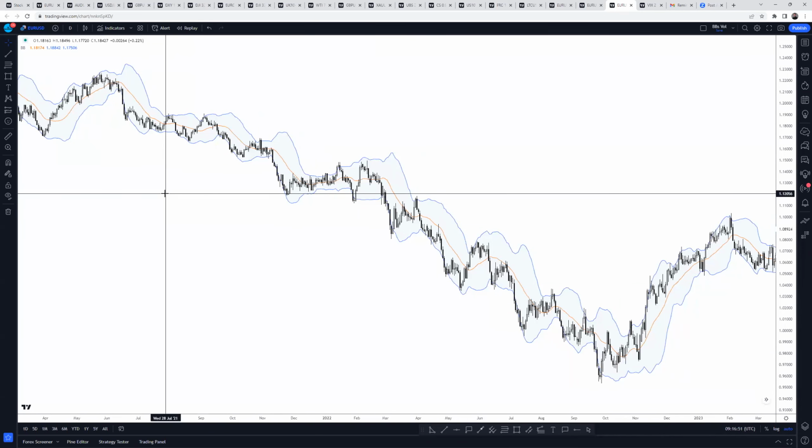As you can see here, a long, I'm not going to say it wouldn't have worked out. It depends on how you enter the market, because you could have drilled down to the lower timeframes at this point and taken the counter trend trade. But I'm just trying to show you the easiest and, for me personally, the most profitable way of trading the trend using a volatility based indicator.